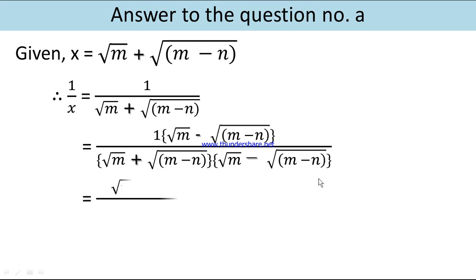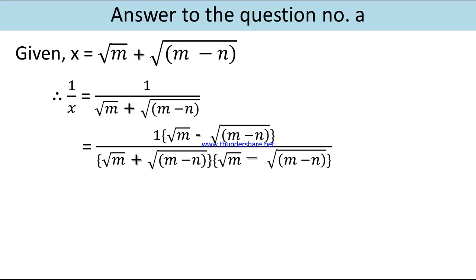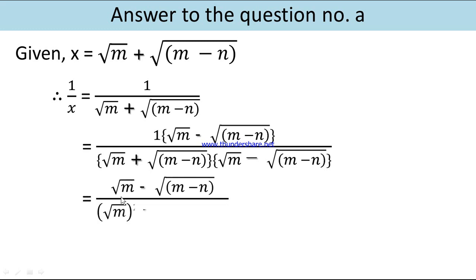Here I have multiplied the numerator and denominator by root over m minus root over m minus n, and in the next line the answer will be: here I have multiplied 1 by root over m minus root over m minus n, and the answer is root over m minus root over m minus n.